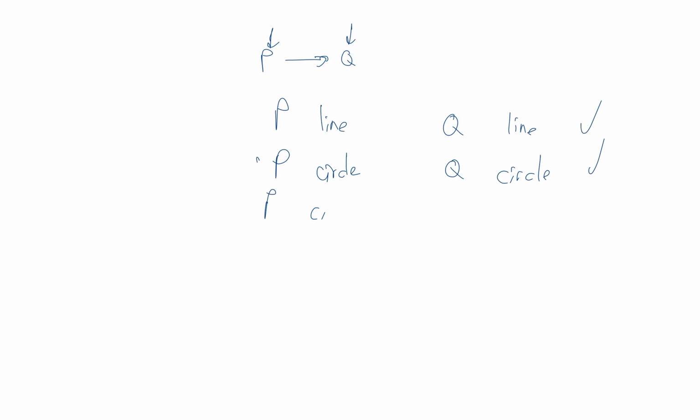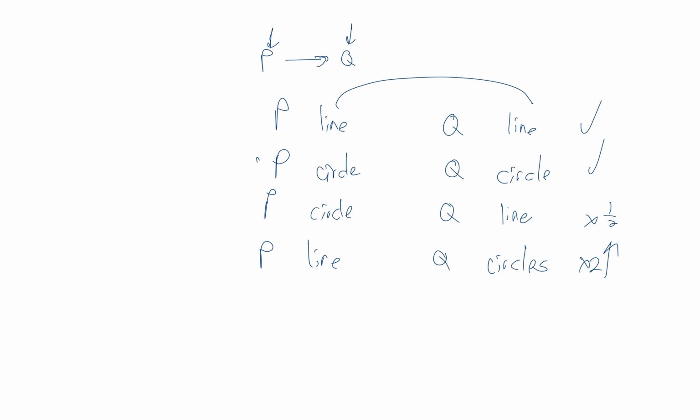If P is tethered to a circle and Q is tethered to a line, it halves the degree. And if P is tethered to a line and Q is tethered to a circle, it doubles the degree. So this is known as conic doubling, because when you project onto a circle, the degrees are doubled, and when you project off a circle to a line, the degrees are halved. But if the two things that the points are tethered to have the same type, then the degree stays the same.